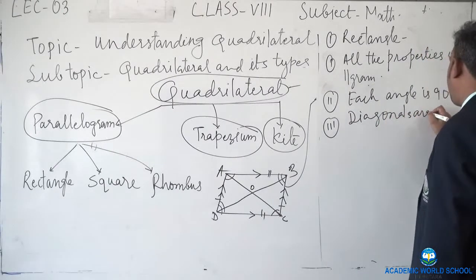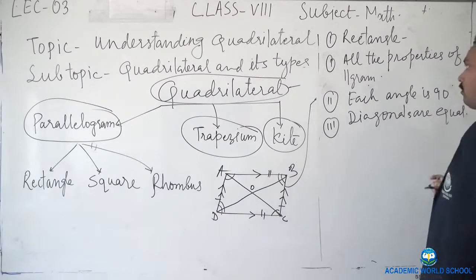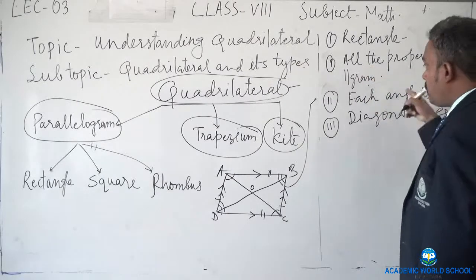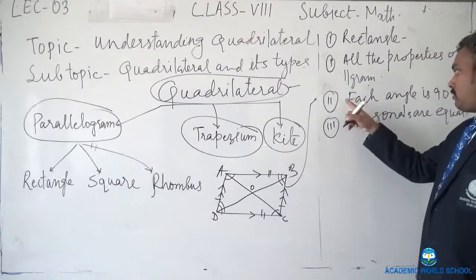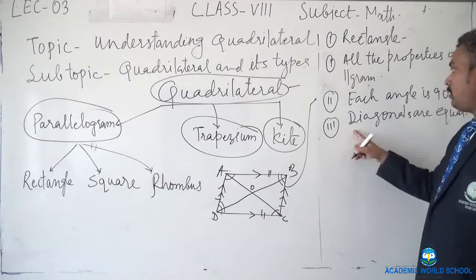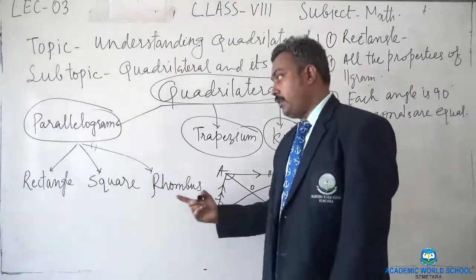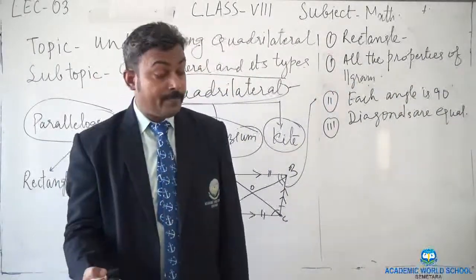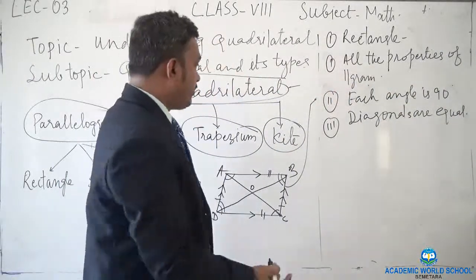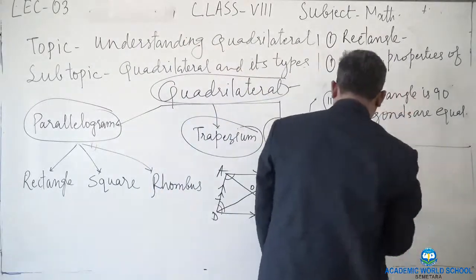So all the properties of a parallelogram plus these two different properties: each angle is 90 degrees and diagonals are equal, which is not in the parallelogram. Okay. So next is the square.